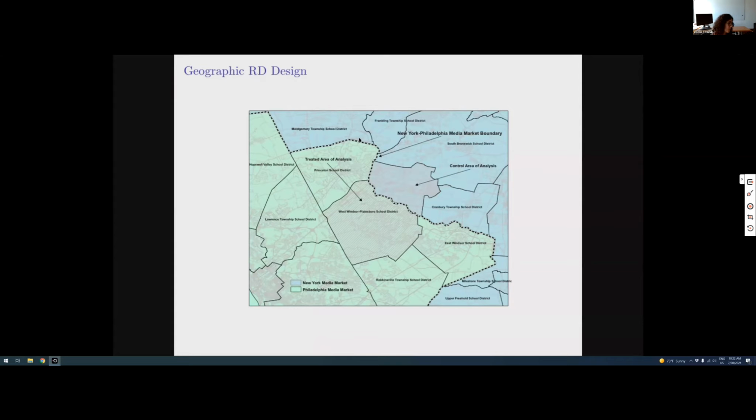So, two scores that determine the location, and then a boundary that separates a treated area from a control area, so a treatment that changes discontinuously at the boundary. And then you can think about estimating different treatment effects along the boundary.